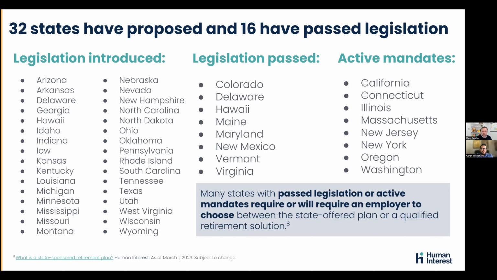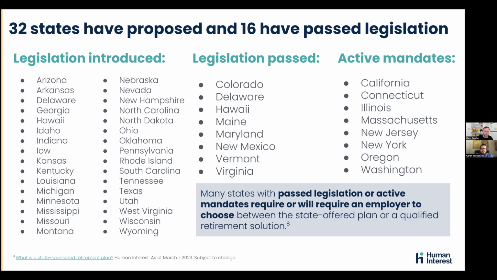So in terms of checking in on things, active mandates, get in there and check them right now. If you need to, you can talk with Aaron and myself, and we can help guide you. Legislation passed, you probably want to keep your eye on that once a quarter if you've got people in those states. And legislation introduced, you could keep an eye on it every 6 months or so. But if you're in the right-hand column, you want to know right now, okay?